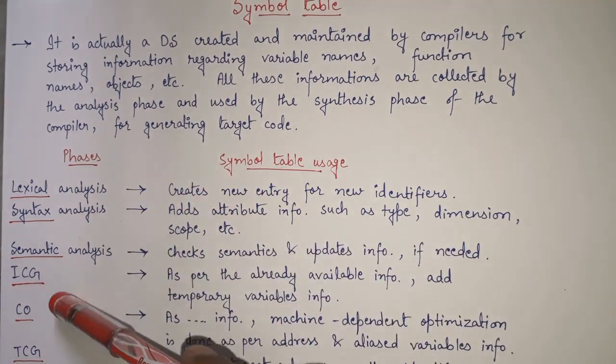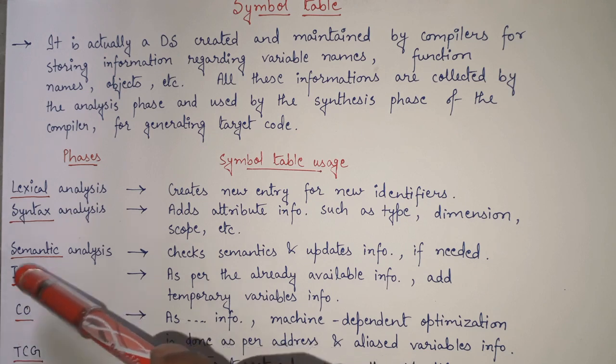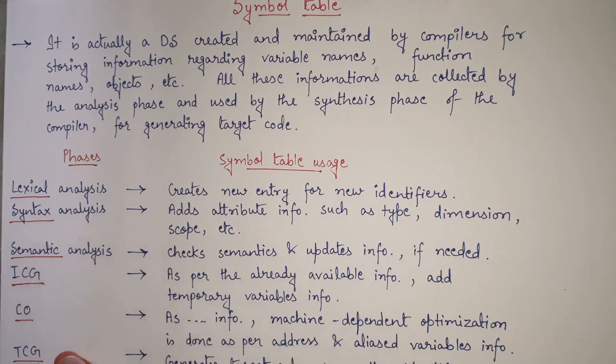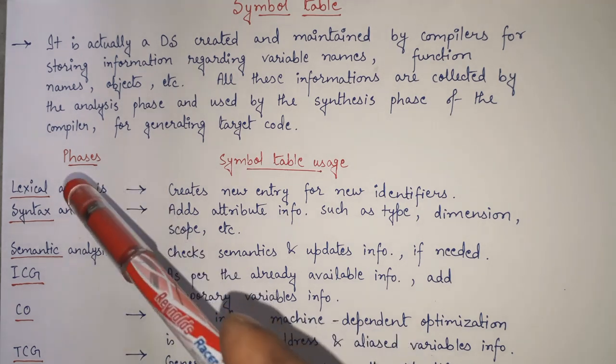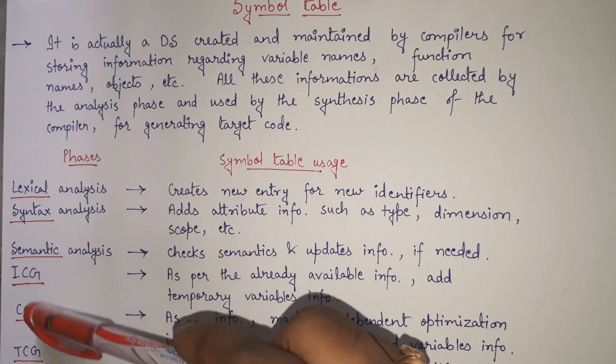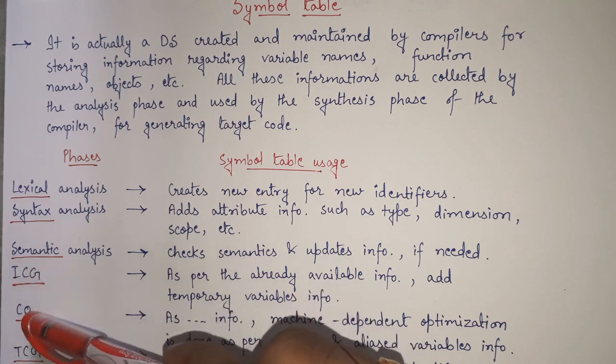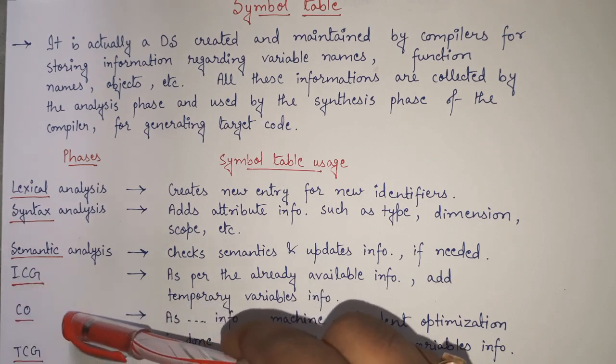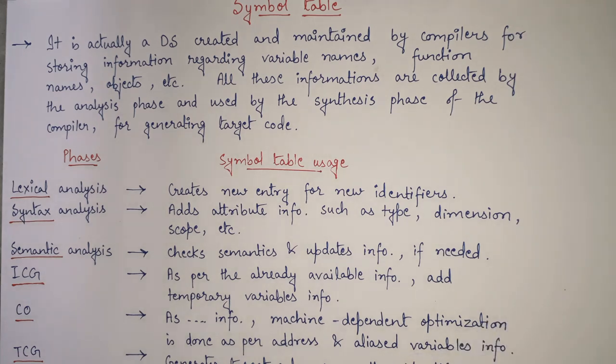But these three phases, that is the synthesis phase, intermediate code generator, code optimization and target code generator, will only use the information that is already present in the symbol table, right? So intermediate code generator, as per the already available information in the symbol table, will just add temporary variables information. Okay.